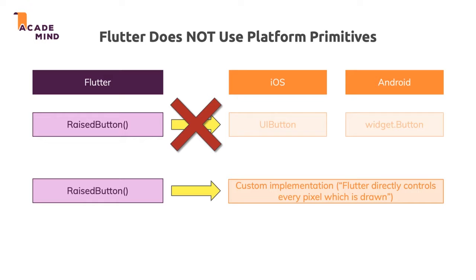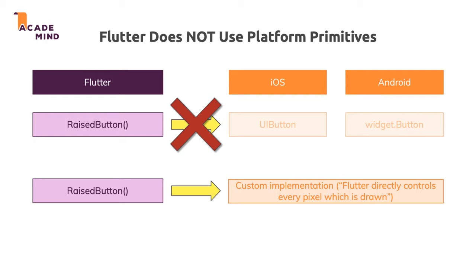Instead, Flutter has its own implementations because Flutter, and that's really important to understand and to keep in mind, directly controls every pixel on the screen. So Flutter does not compile your code to some native equivalents or native alternatives. Instead, Flutter ships with its own engine, which controls the entire screen, everything the user sees, and renders every pixel on its own.